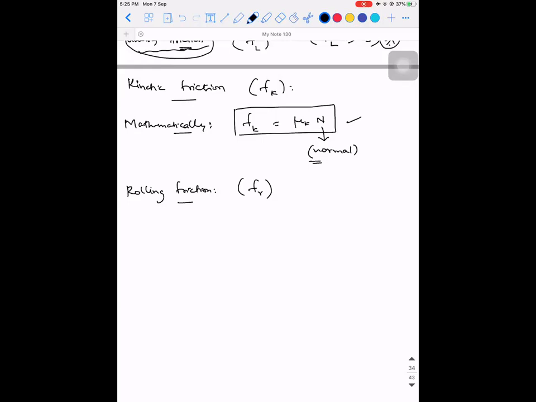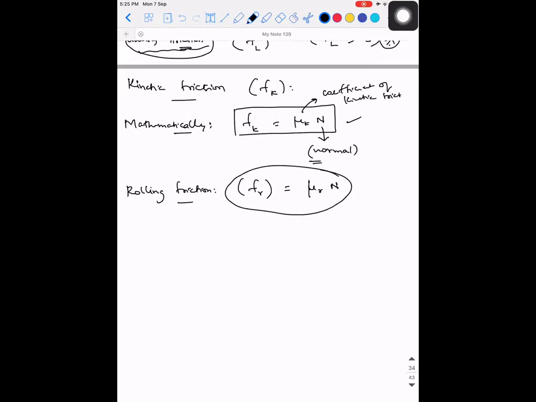Rolling friction is represented as mu r into N. Now tell me, what does mu k stand for? It is called the coefficient of kinetic friction. Mu r is called the coefficient of rolling friction.